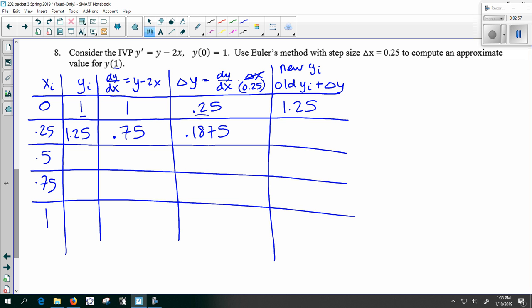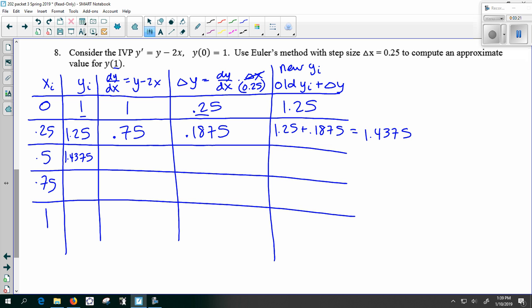And then my new y_i is my old y_i, 1 1/4, plus my change in y, 0.1875, and that comes out to 1.4375. And I write that down here. And then do the whole thing again.